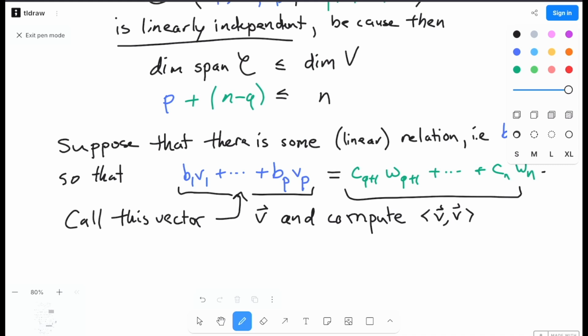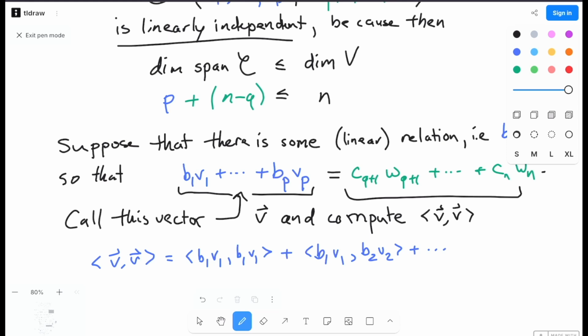So on one hand, using the blue expression, v-hat is equal to, well, it's obnoxious to write out, but let's do it. Splitting things up linearly, we're going to get b_1 times (b_1, v_1) plus b_1 times (b_2, v_2) plus, and so on.